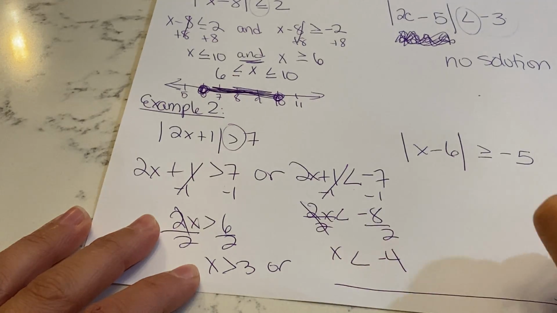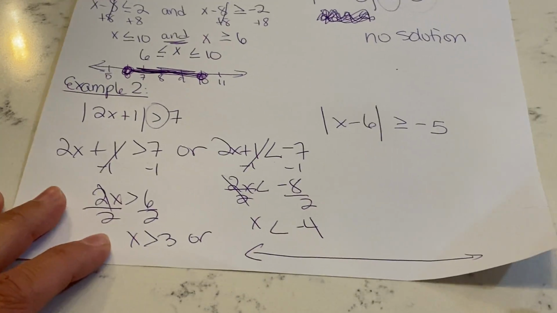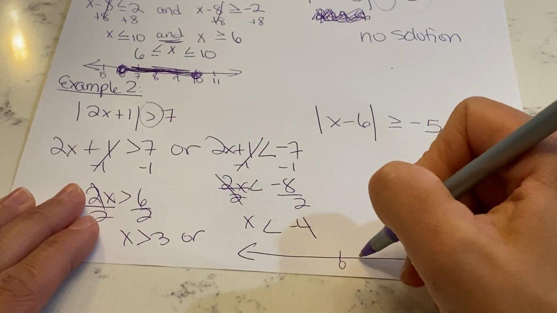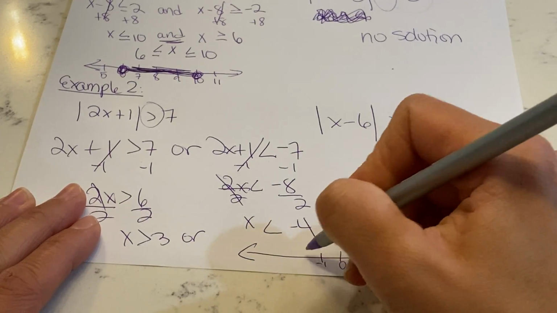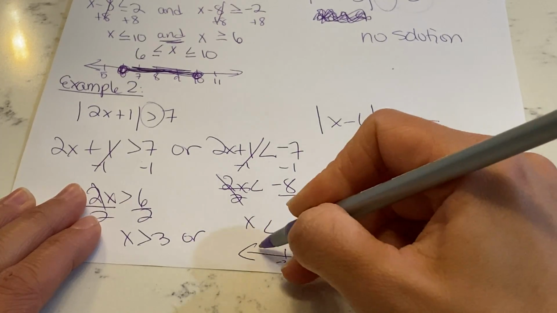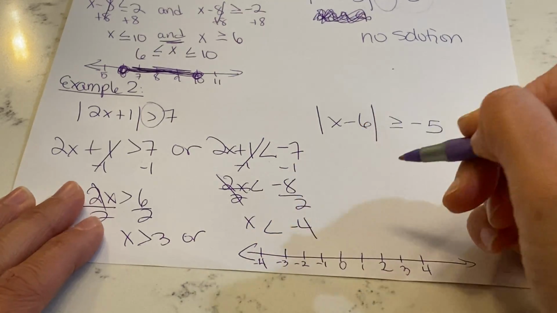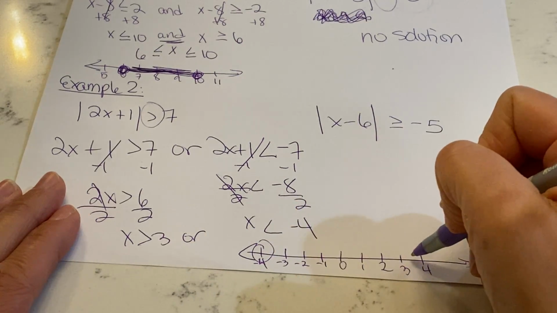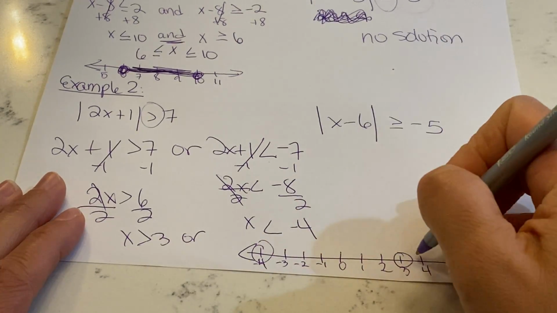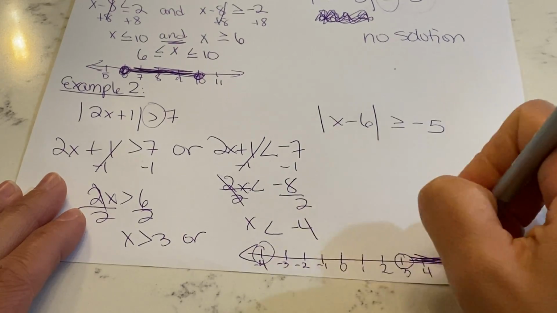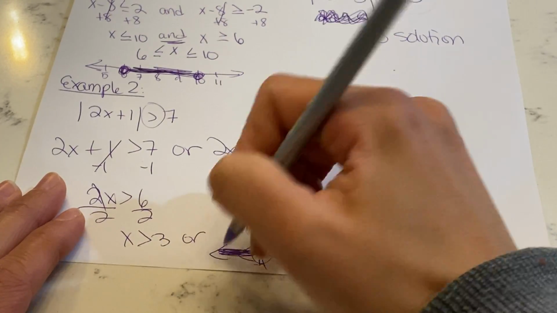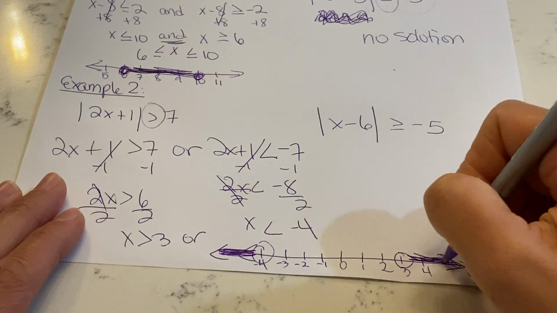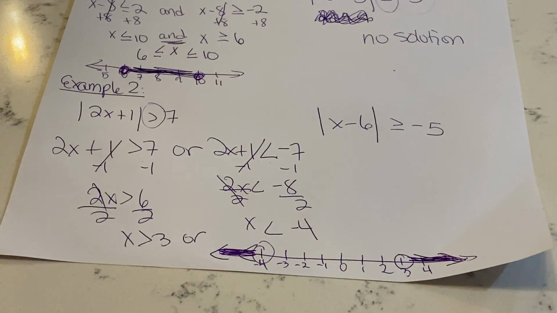That tells me that when I draw a number line, I'm going to put the 0 in the middle. 1, 2, 3, 4. And then my negatives are on the left side. This should be an open circle at both. This is greater. And this one says less than. So they should be going in opposite direction. Okay, and that's my solution.